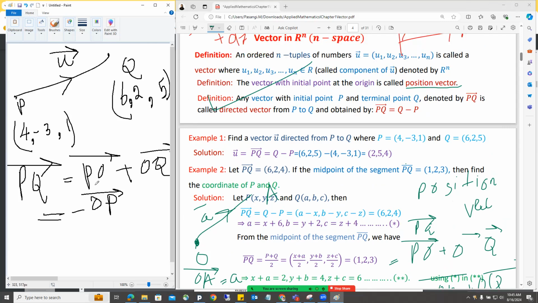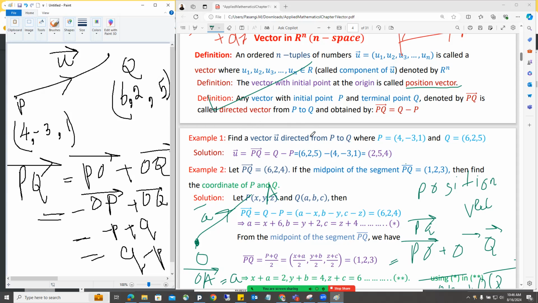So now PQ is equal to minus OP plus OQ. That is, here we have minus P plus Q, that is Q minus P. Now here we have to substitute the Q coordinates, and from that subtract the P coordinates. Is example one clear?